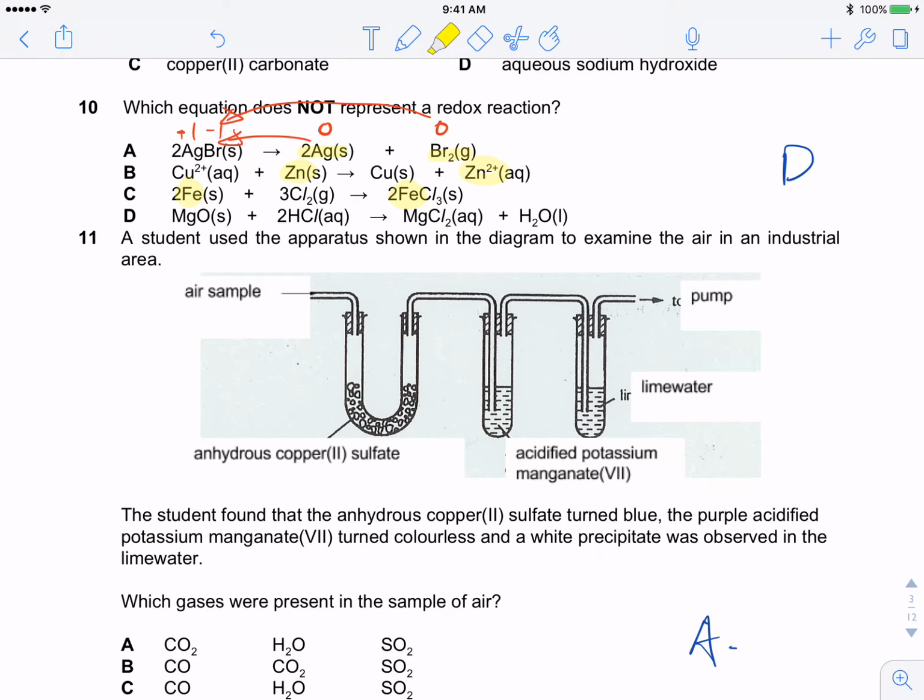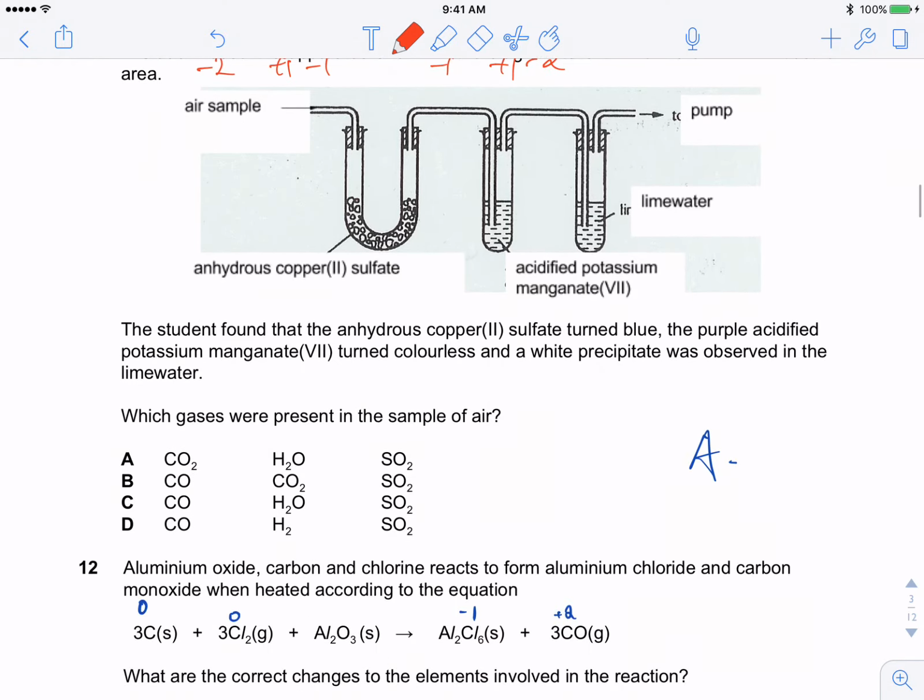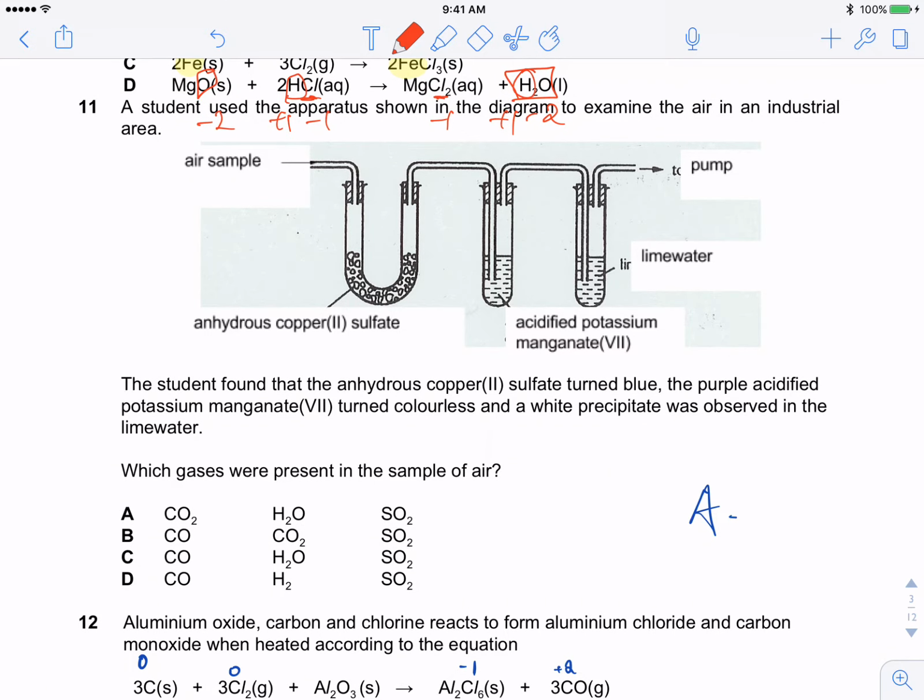Oxide on the left hand side is O2 minus, so -2. On the right hand side, in water, oxygen still has an oxidation state number of -2. Chlorine in HCl is 1 minus, in MgCl2 is still 1 minus. H is +1, here H is still +1. Hence, answer is D.